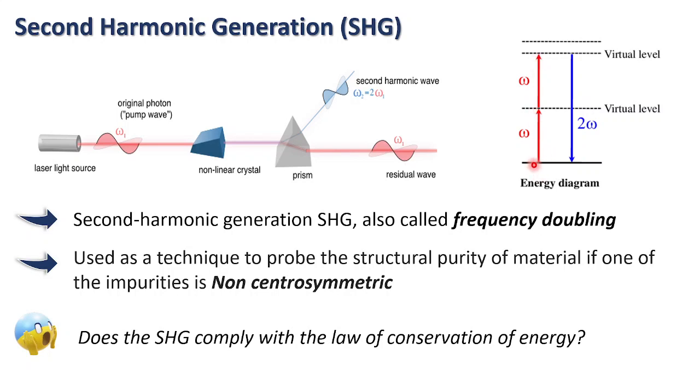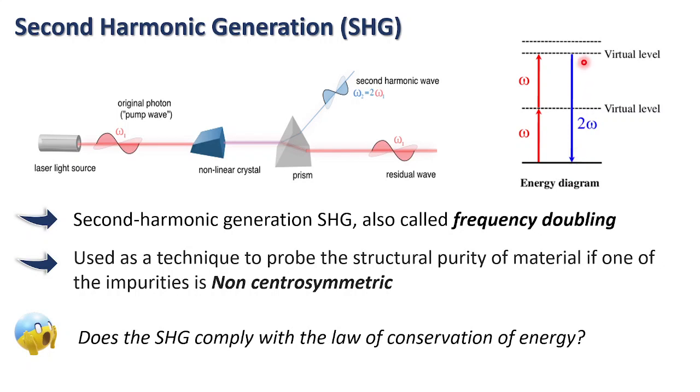You can see here, the molecules present in the ground state are excited to the first virtual state, and the molecules in the virtual state are also excited to the next virtual level. Then the molecules present in the second virtual level de-excite to the ground state.